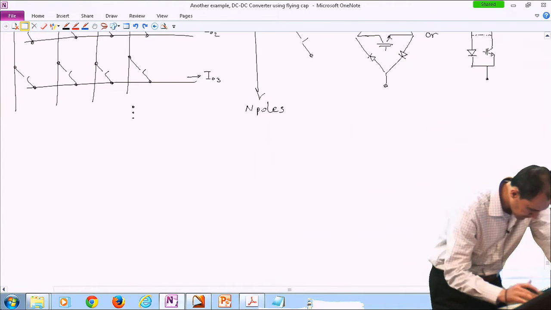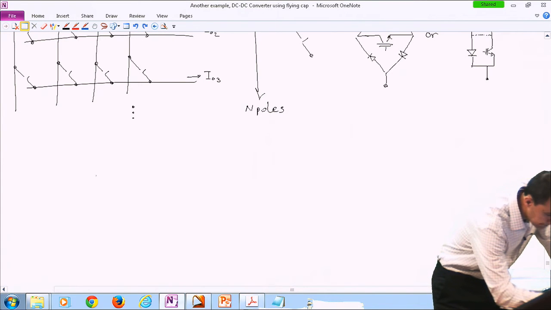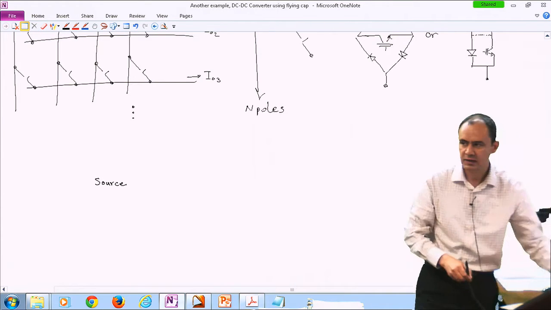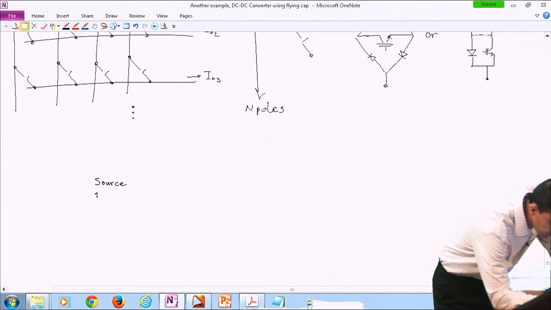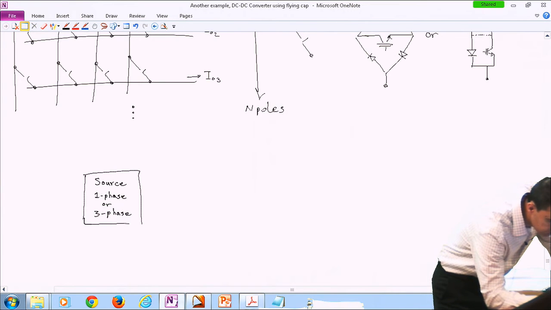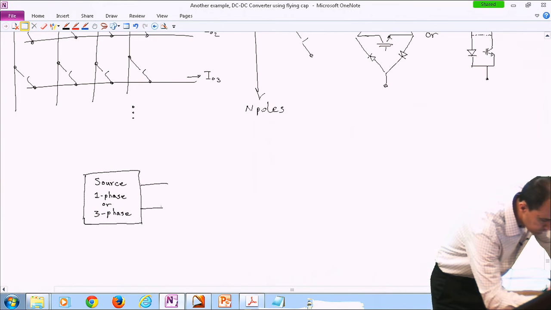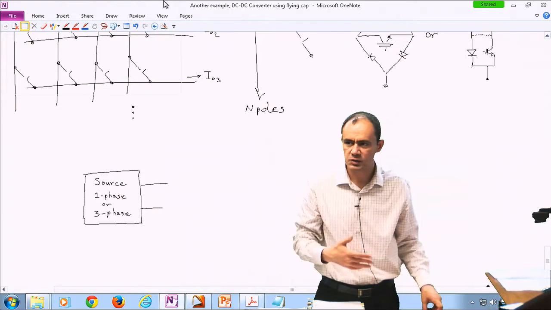So technically, a lot of times when you have an AC source, let's call it a single phase AC or a 3-phase AC source, and we are trying to drive an electric motor, but at the same time we want to control the speed of that electric motor.